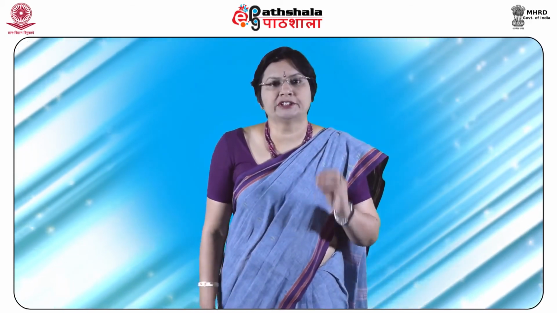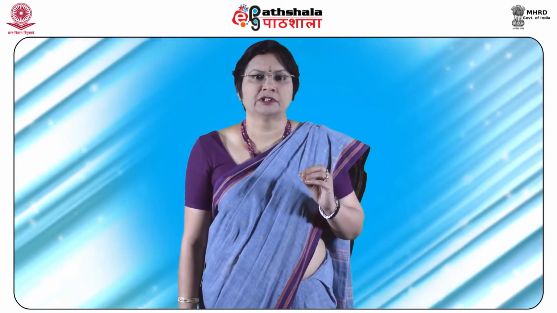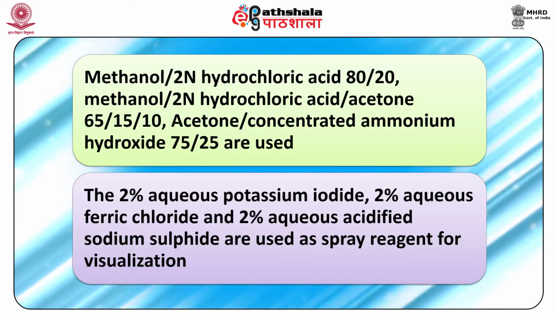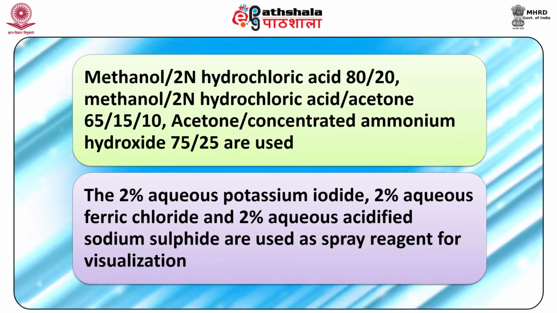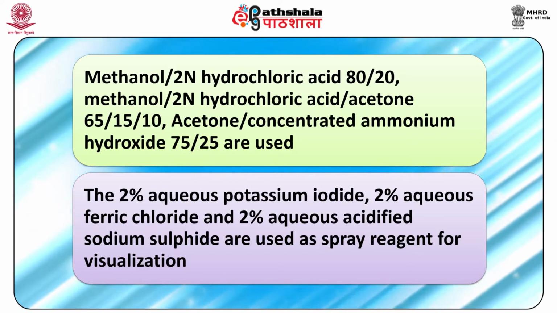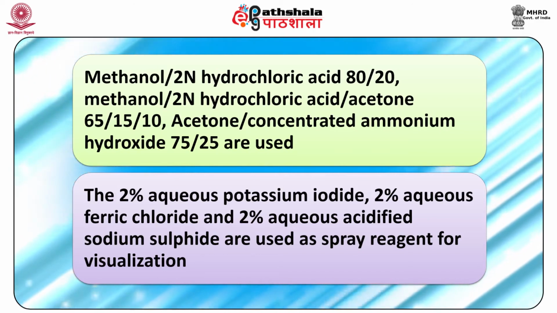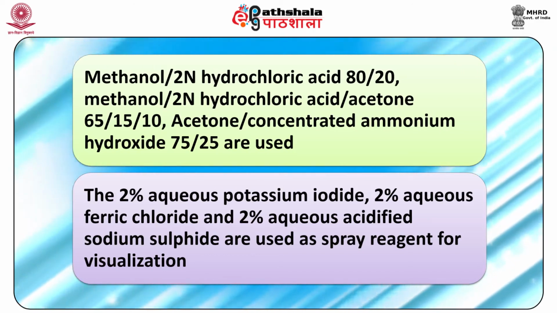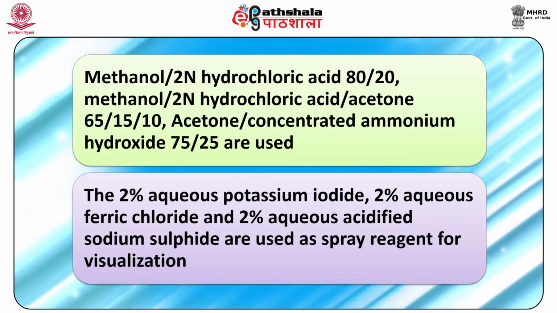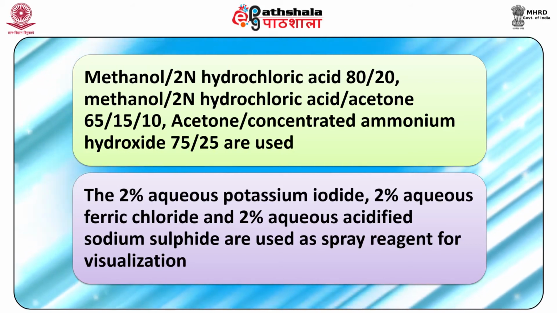For identification of primary explosives by TLC to get these RF values as shown in the table, you can use these solvent systems: methanol with 2 normal hydrochloric acid in 80:20 ratio, methanol with 2 normal hydrochloric acid and acetone in the ratio 65:15:10, and acetone with conc ammonium hydroxide in 75:25 ratio.